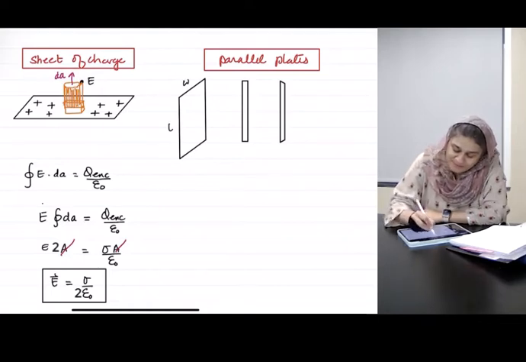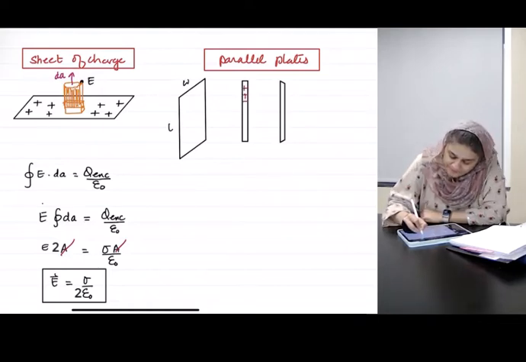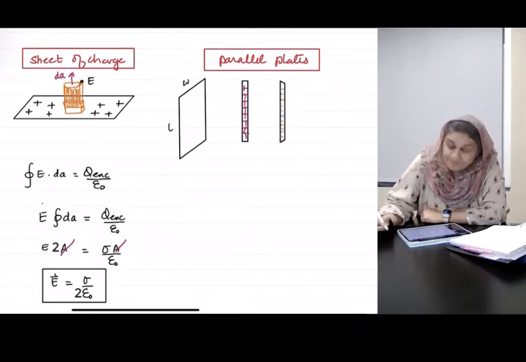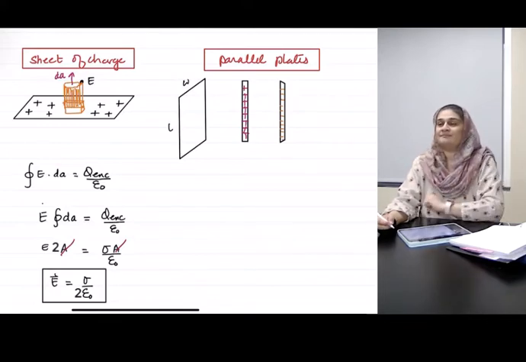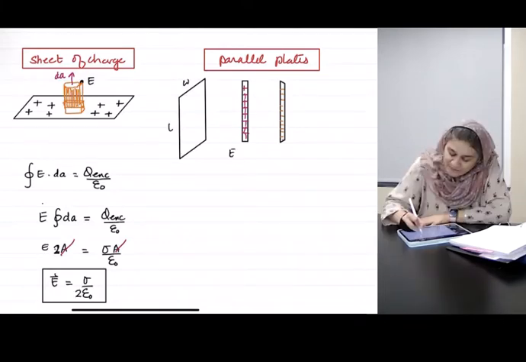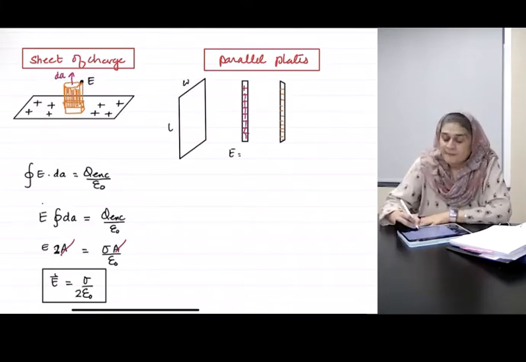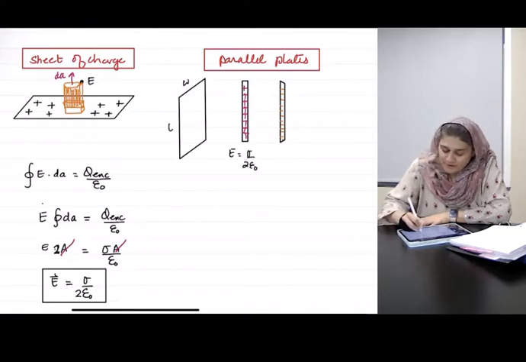So if this is plus, and this is minus, what is the E field due to plate 1? Can I call it plate 1?